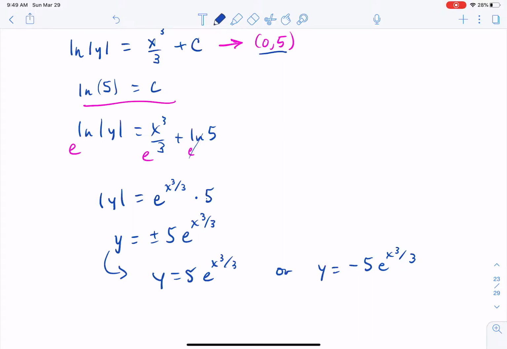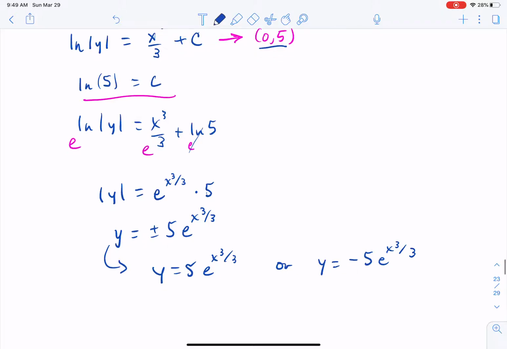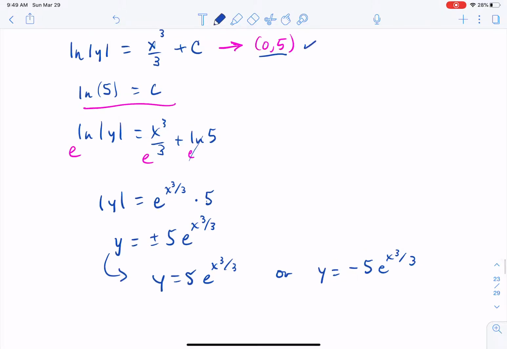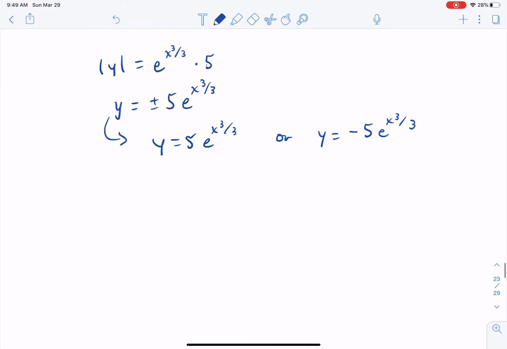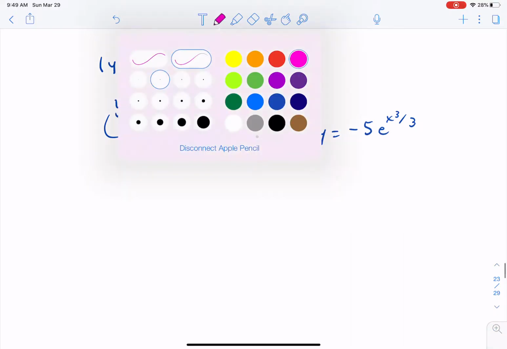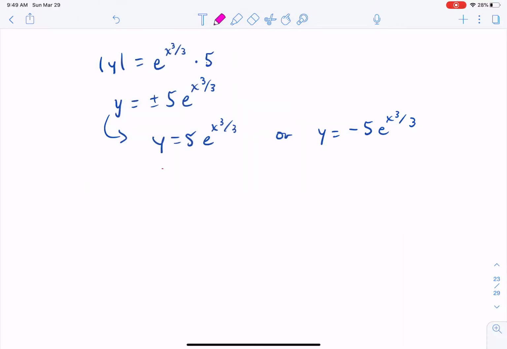So I'm going to show you 2 ways to think about this. One of them is this point that we have, our initial condition, has to actually satisfy our equation, has to work in our equation. So let's just plug it in and check. On the left-hand side, plug in 5 for y, and the right side is 5 e to the 0 cubed over 3, which is e to the 0. E to the 0 is 1. I would have 5 is equal to 5, and it totally checks out.